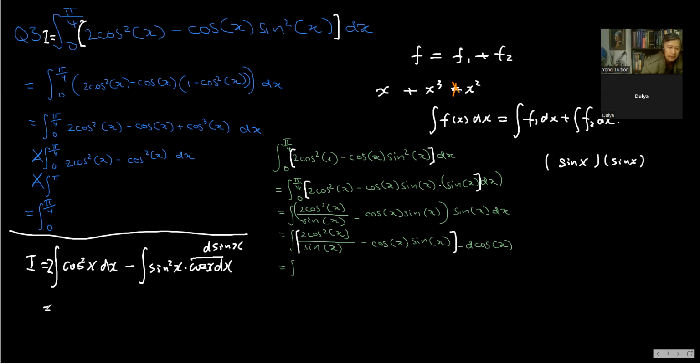So if I just rewrite that, the first part is cosine square x dx, all right? The second part would become sine square x multiply d sine x. Can you see that? So if we do substitution, then forget about the first one.